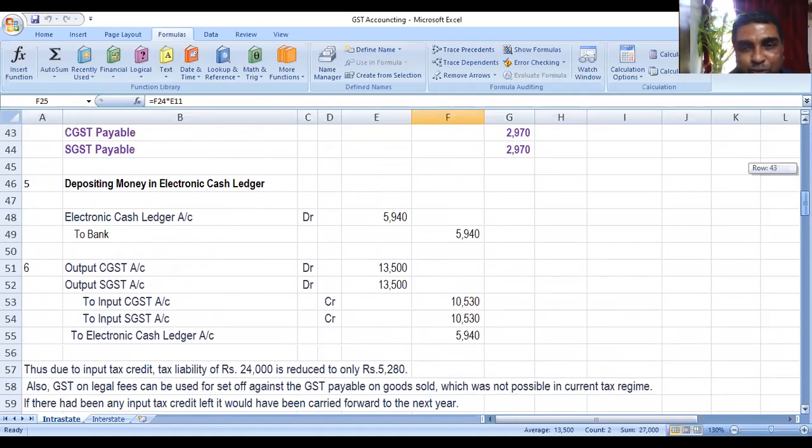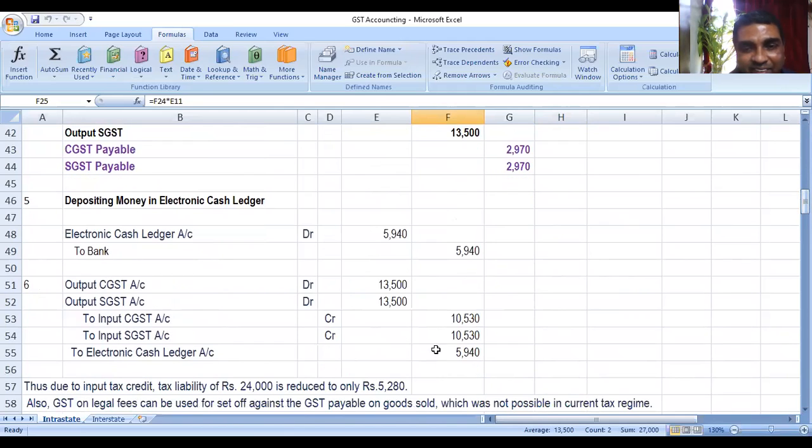Finally, how much did you pay? So 5,940, because these two ITCs are available, you could use them. So this is a simple set of transactions for interested business. Let us see one more transaction.